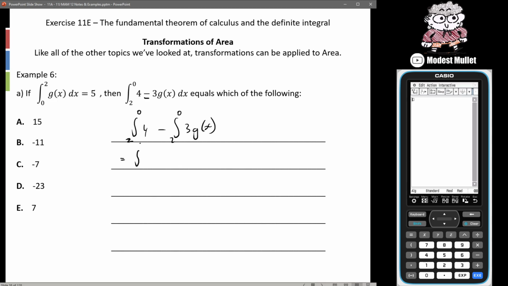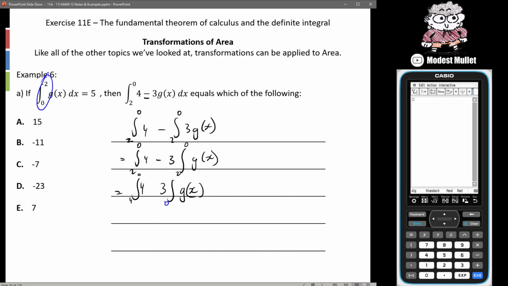That is equal to, and I'll do the antiderivatives at the end, the integral of 4 minus, same with this 3, we can bring it out the front. That's a scale factor, 3 times the integral from 4 to 0 of g of x. That 4 needs to stay there. Now I want to change the order back to what I have information about.